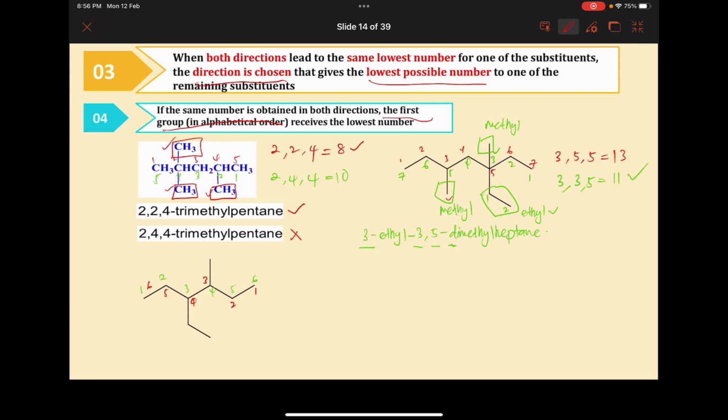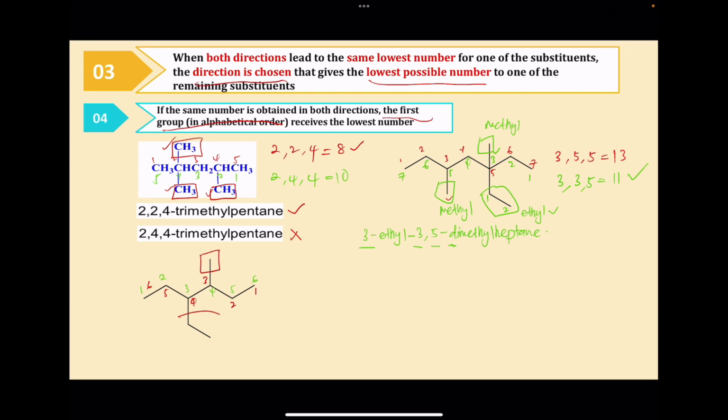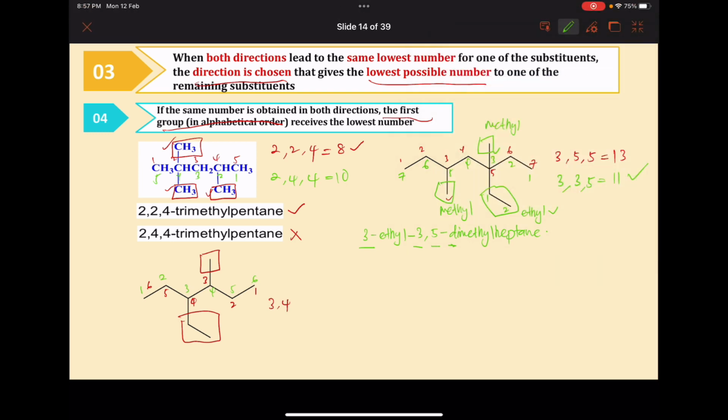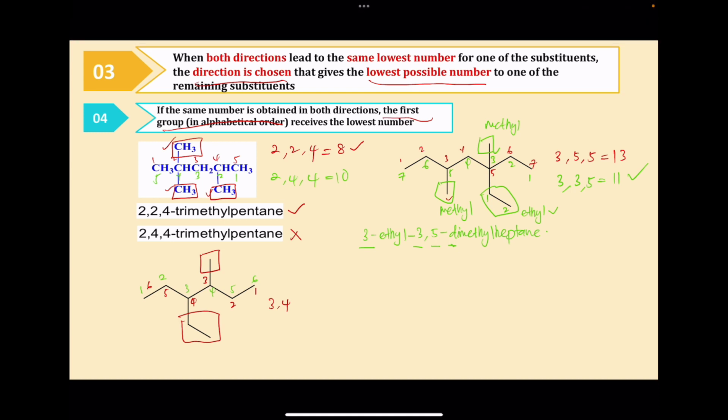If we use the red route, the substituents are attached at the third carbon and the fourth carbon. Meanwhile, if we use the green route, the substituents are attached at the third carbon and the fourth carbon. Both routes give the same numbers for the substituents.